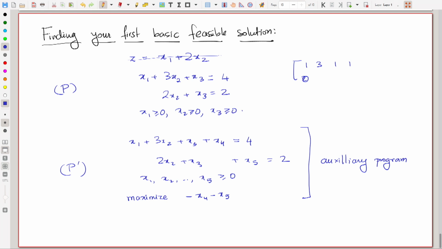Okay. And if P prime does not have a solution where both x 4 and x 5 are 0, then P is not feasible. So, whether P prime has a solution with x 4 and x 5 equal to 0 is equivalent to P being feasible, having a feasible solution.